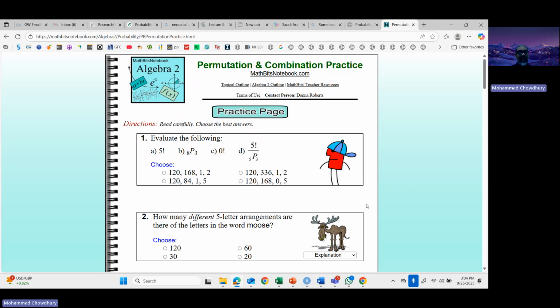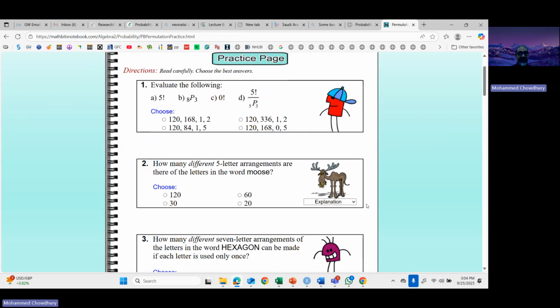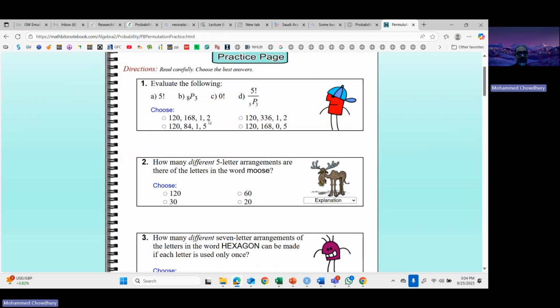Okay. Now see, if I ask you factorial 5 equal to 120, right? So 8P3 equal to what? Factorial 8 divided by factorial 5, right? So let me do these things.